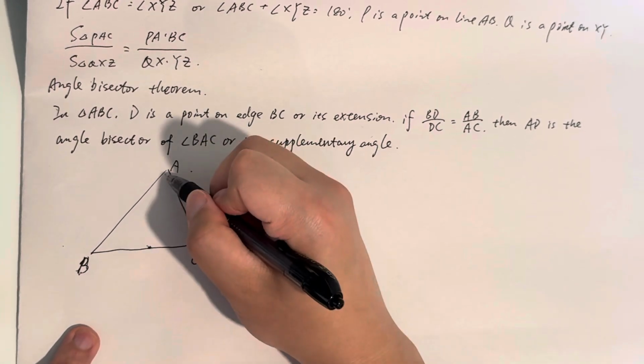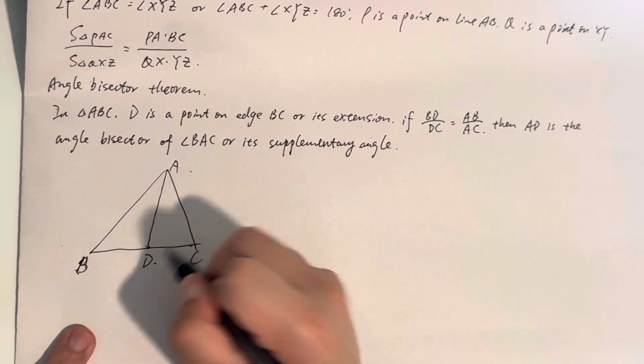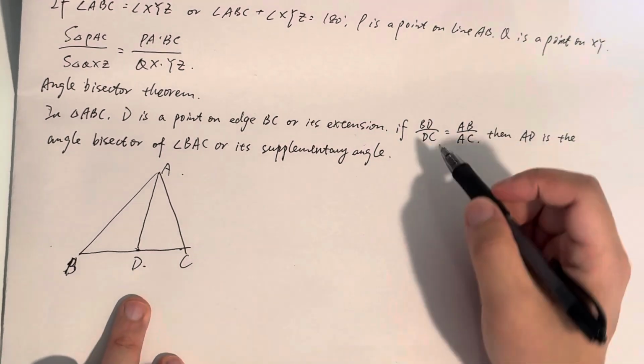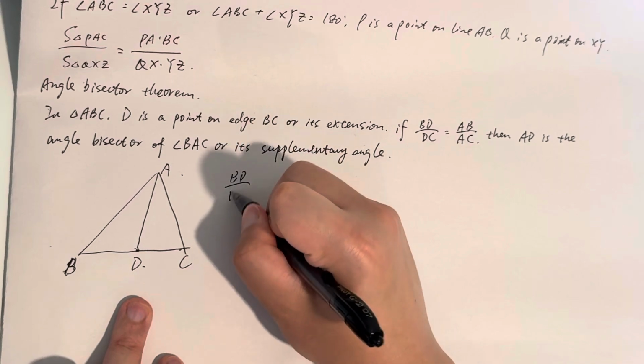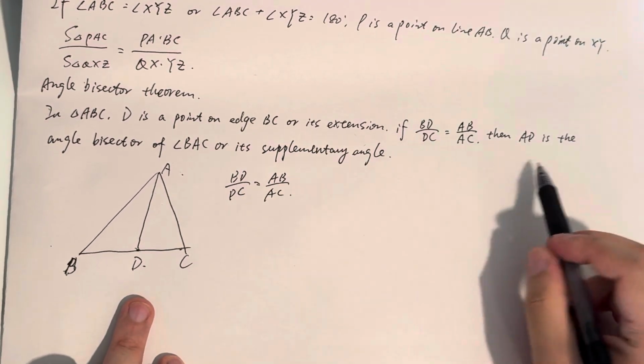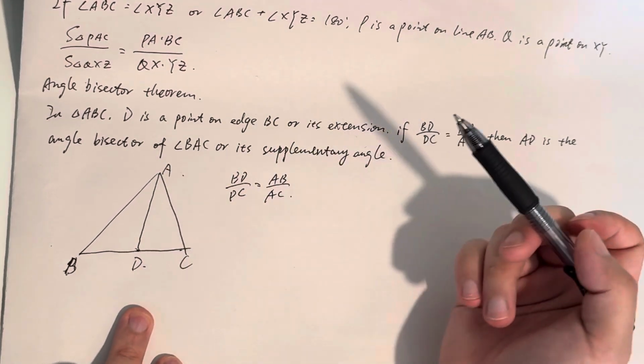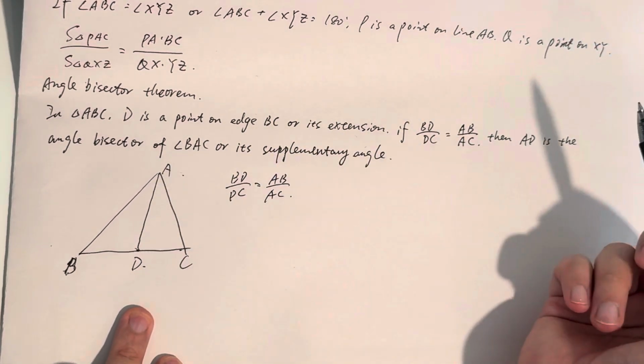D is a point here, or on its extension. Let me just draw D here. If BD to DC equals AB to AC, then AD is the angle bisector of angle BAC, or the angle bisector of its supplementary angle.